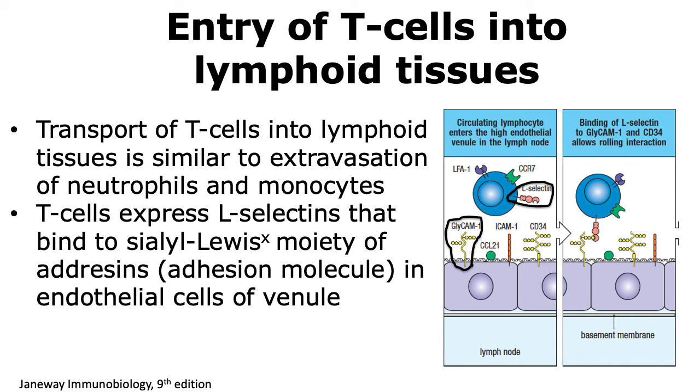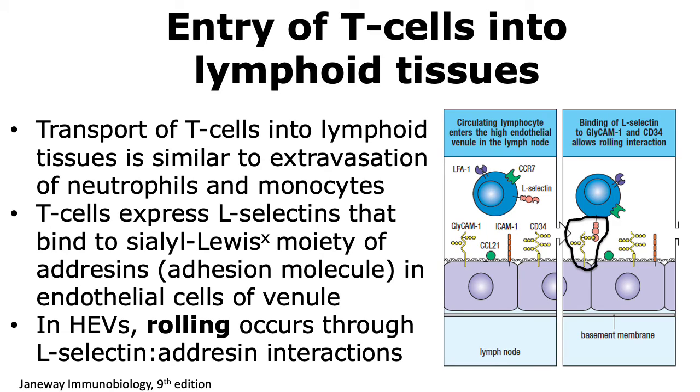And on these adhesion molecules, we have the sialyl-Lewis X moiety. So the L-selectin on the T lymphocyte is able to interact with the sialyl-Lewis X moiety of the addressin glycan. This interaction promotes rolling, and thus the T lymphocyte starts slowing down as it moves through that endothelial venule.